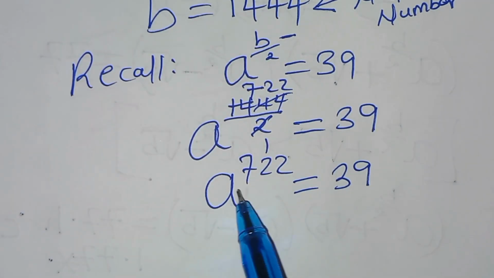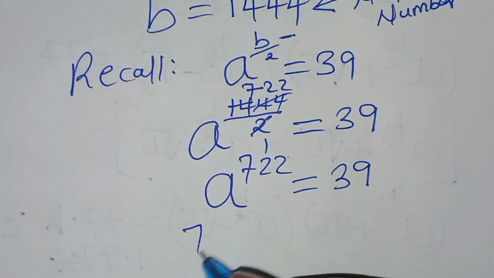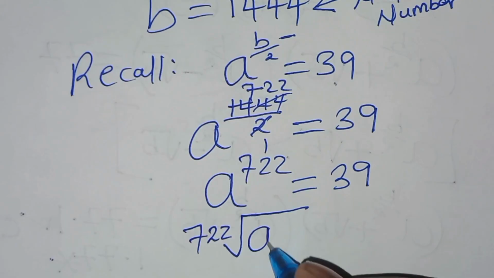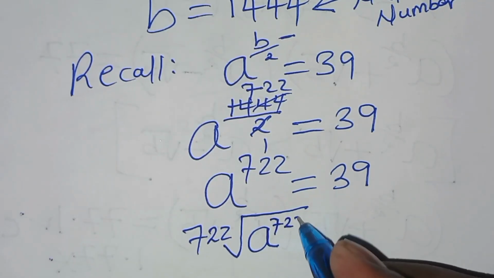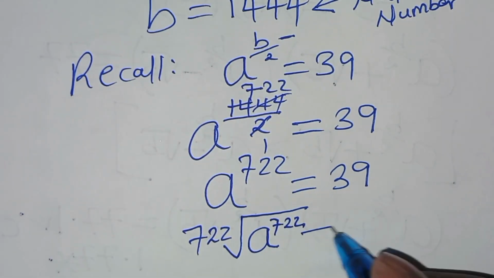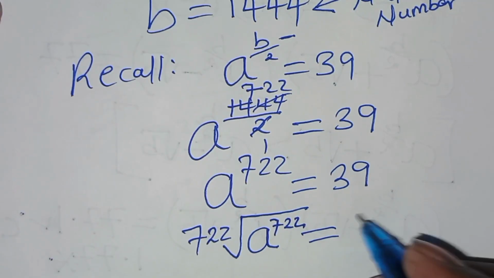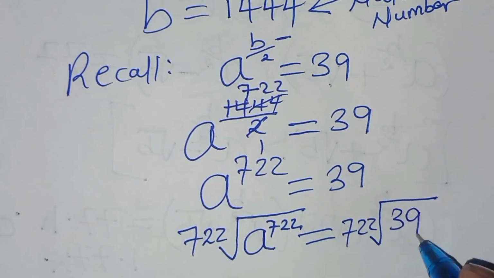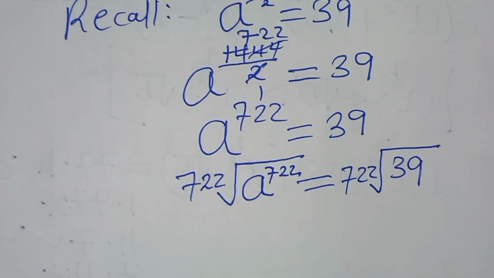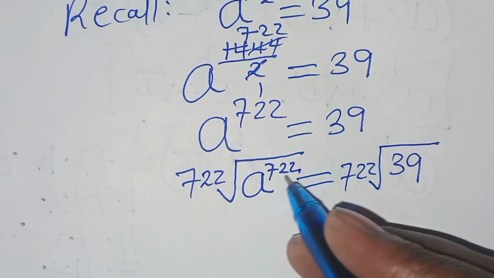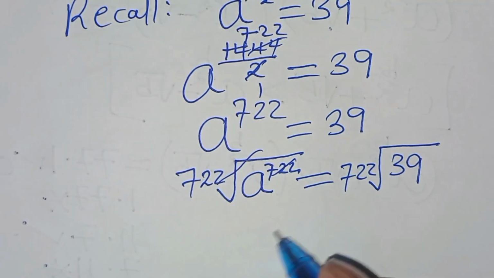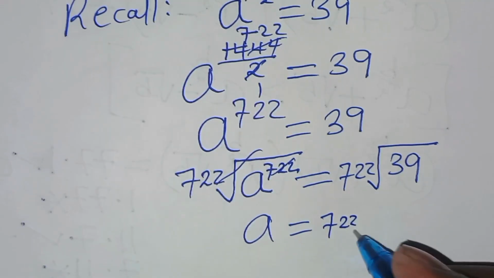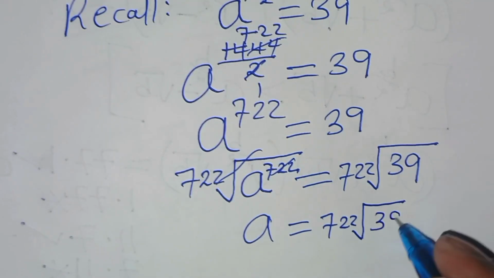So for the value of a here, we get the 722 root. This is a to power 722, which is equal to the 722 root of 39. And therefore from this part, you find that a will be equal to the 722 root of 39.